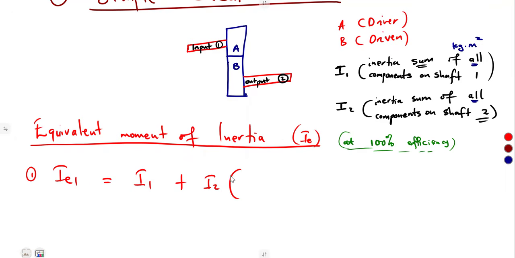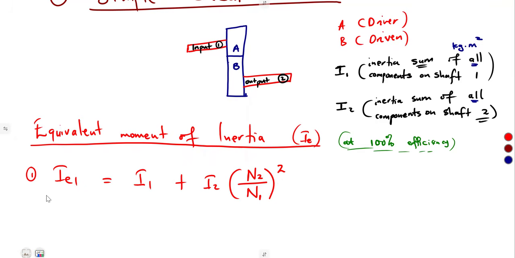Take note, when you say referred to the input, the input speed will be in the denominator, so the output is on top. So it's N2 over N1 squared. The speed in the denominator is the one referred to.